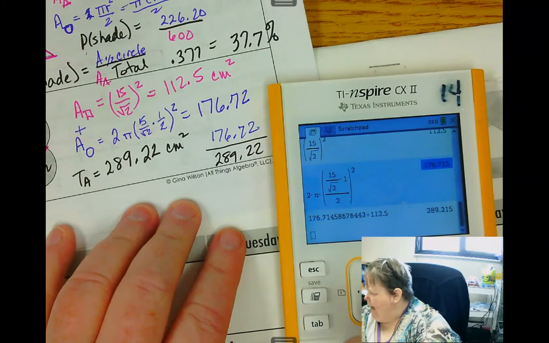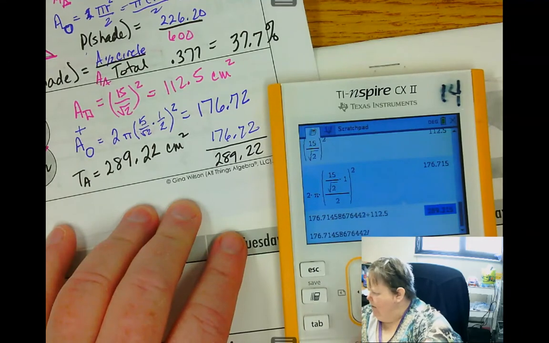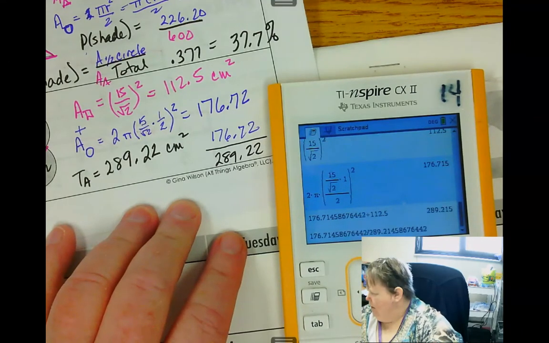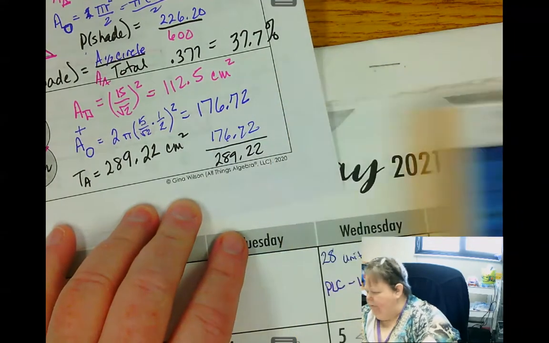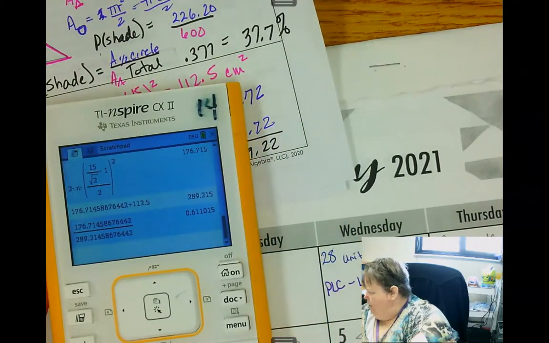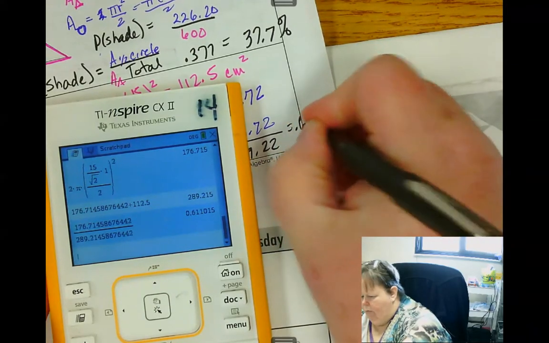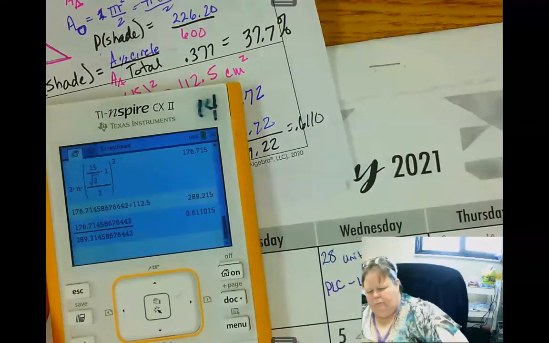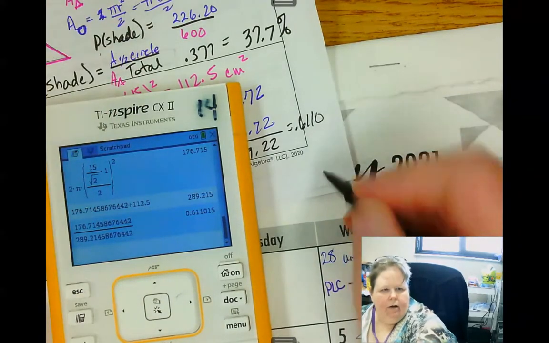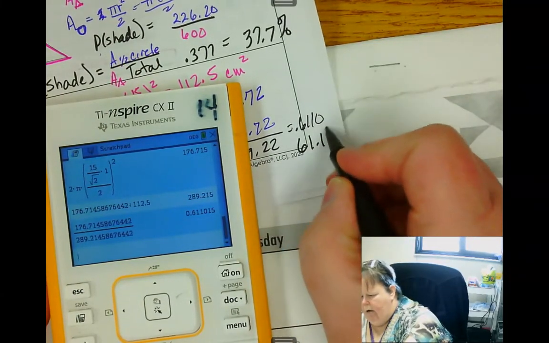Enter. Divided by, enter, equals 0.6110, which becomes 61.1%.